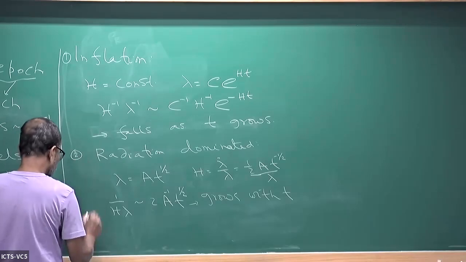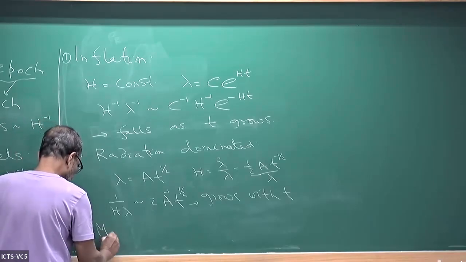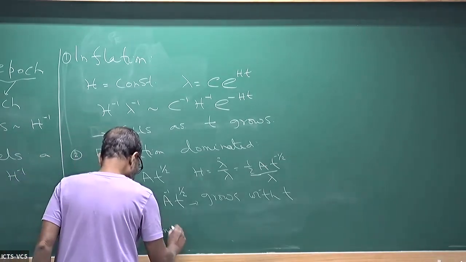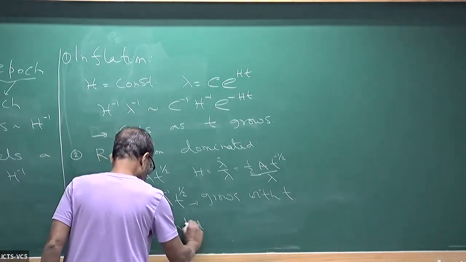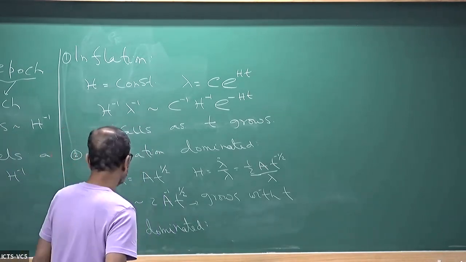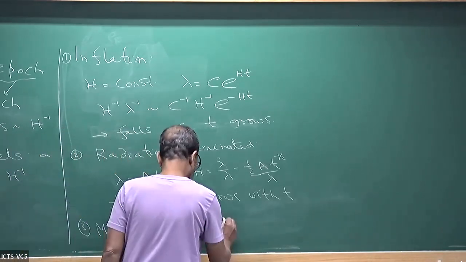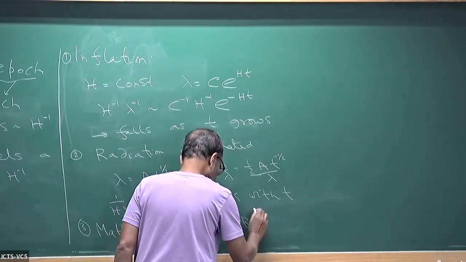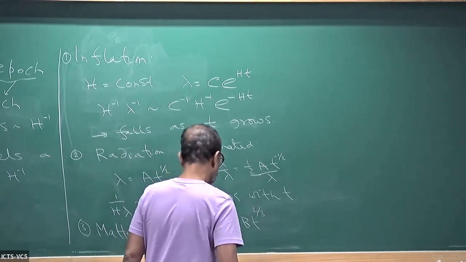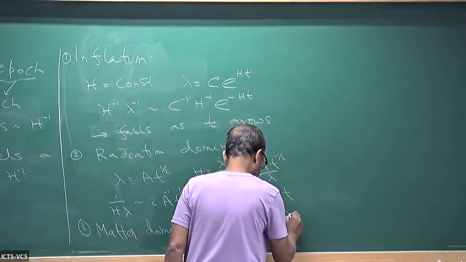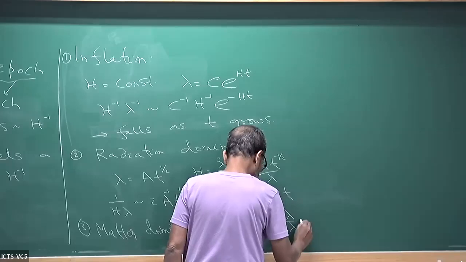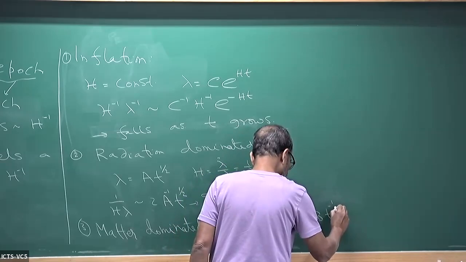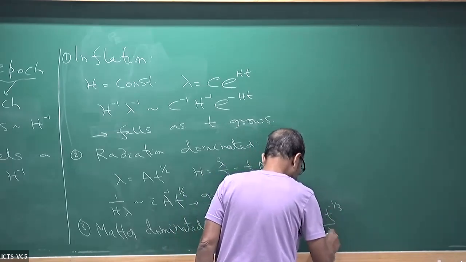Then the third is matter dominated. Lambda goes as b t to the power 2/3. So lambda dot over lambda is 2/3 b t to the power minus 1/3 divided by lambda, which is h.